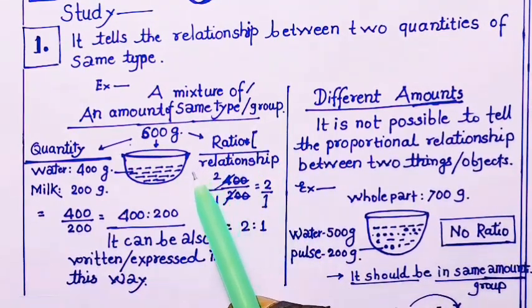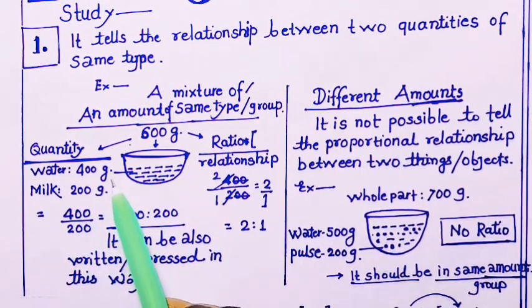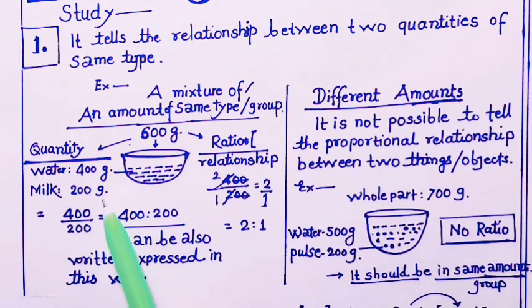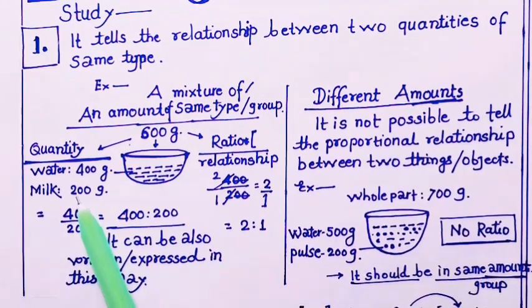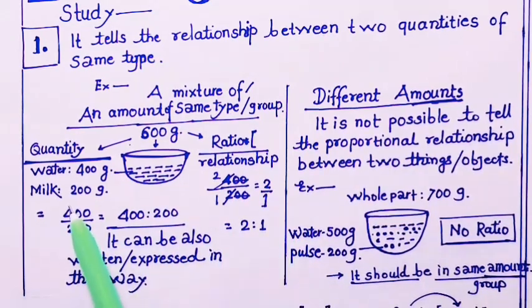In this pot the water is 400 grams and milk is 200 grams. And this quantity can be changed into the number of ratio because the water and milk are in the same groups, same classes.